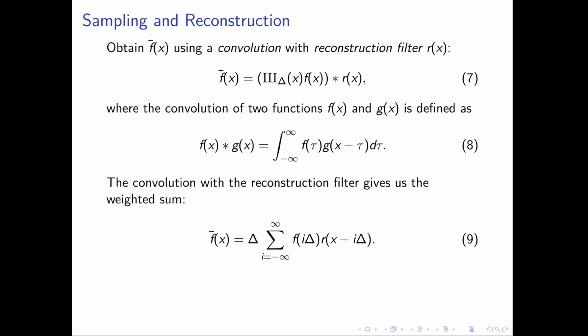And as one of the functions we're computing the convolution for is basically a discrete function, the left-hand side here represents our sample points, we can simplify the convolution to a sum. This allows us to replace the convolution with this weighted sum here.